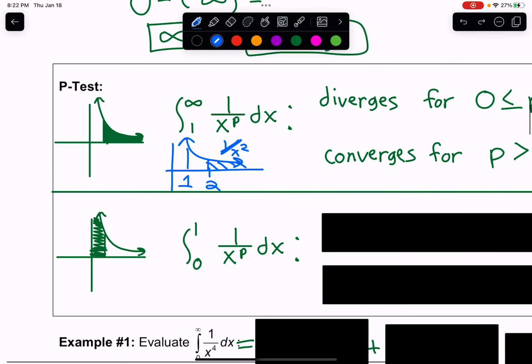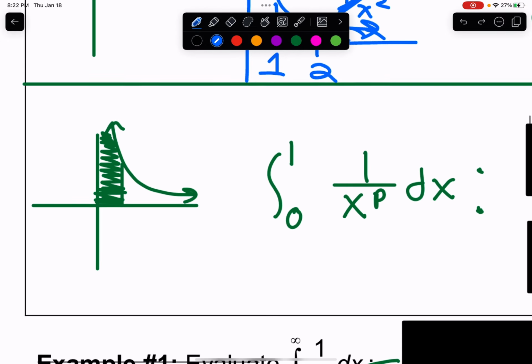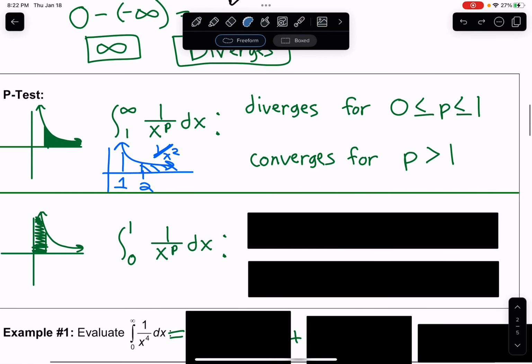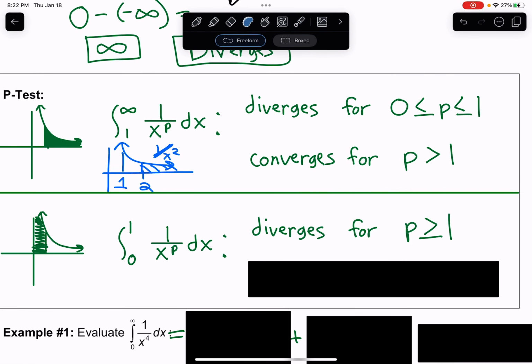Now, like the one we just did, the example above, the integral from 0 to 1 of 1 over x to the p dx, this is going to diverge for all powers p that are greater than or equal to 1. The one we just did above was p equaling 1, and it diverged. If we did this for 1 over x squared, 1 over x cubed, etc., we would get that it diverges for all of those integrals.